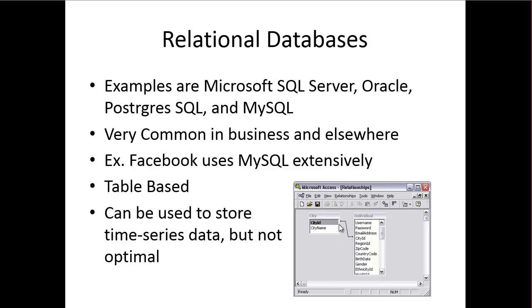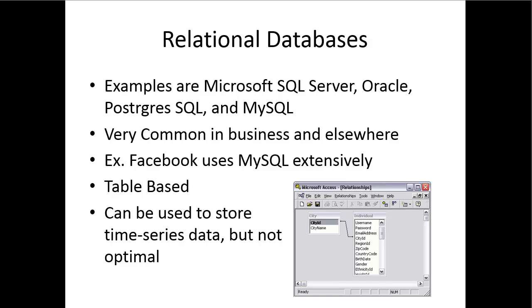So they're all table-based, and so this is an example of what the tables look like in the database. I've got a Microsoft Access screenshot here, and it just shows I've got a table called city that has a city ID and a city name, and then I've got individual.